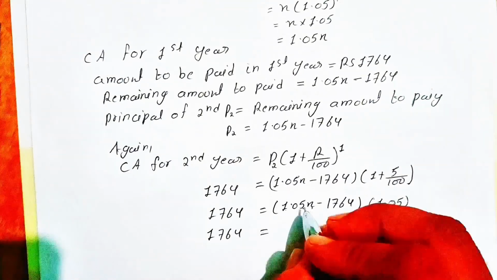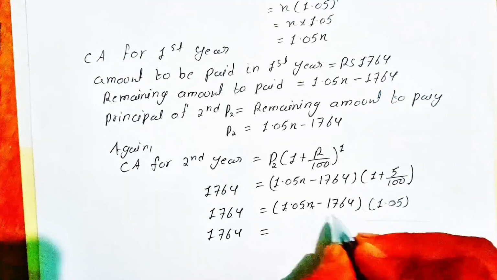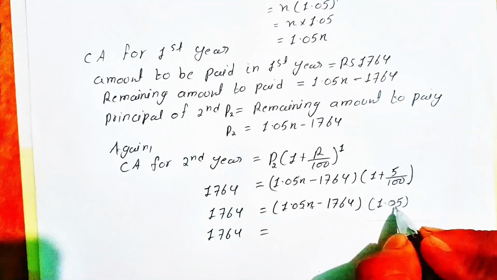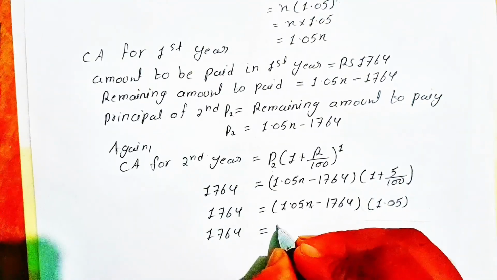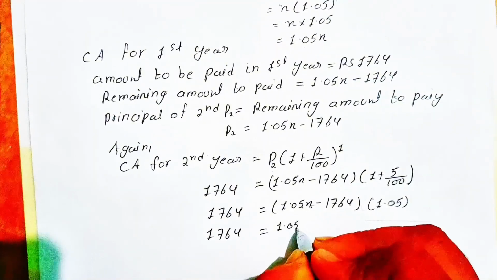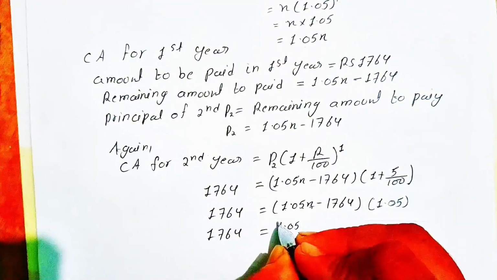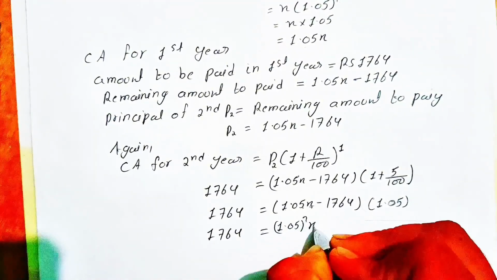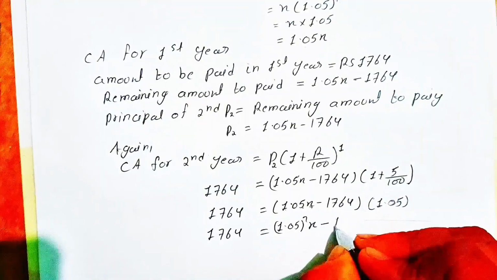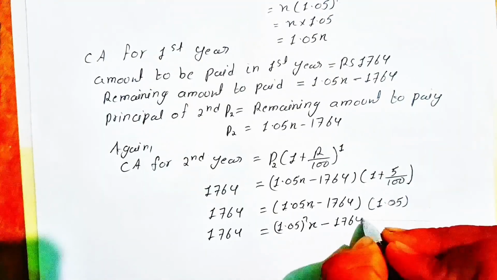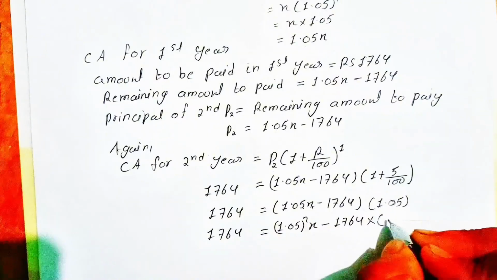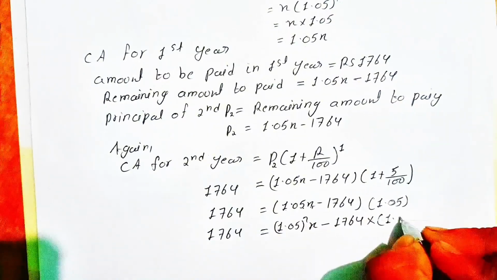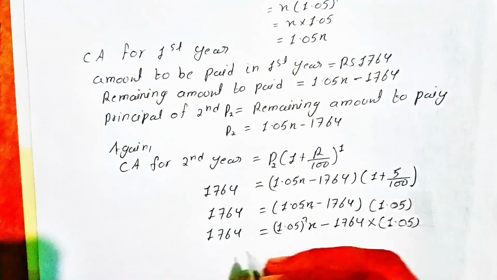Now we multiply 1.05x with 1.05, and it becomes 1.05 squared times x minus 1764 into 1.05.